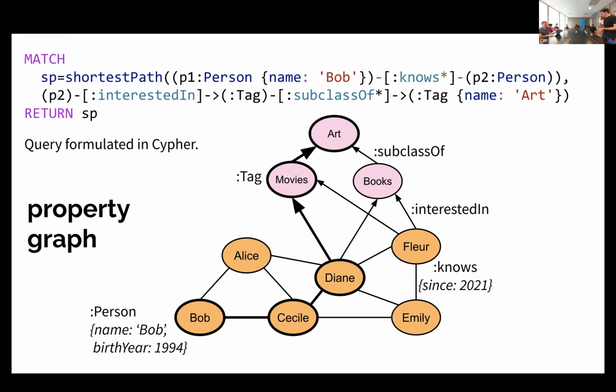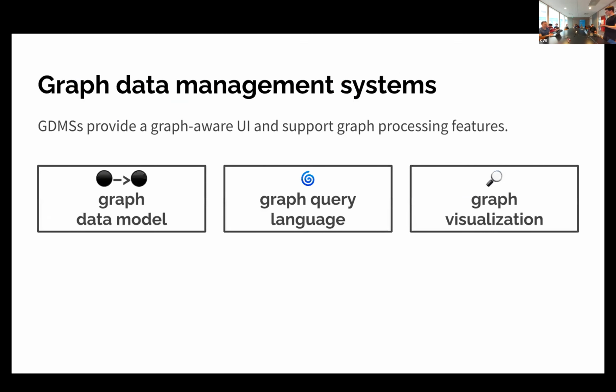I think this example demonstrates the three key tenets of graph data management systems: some graph data model where we can reason about our data in terms of nodes and edges, some graph query language which allows a concise way to formulate pattern matching problems and pathfinding problems, and visualization that allows us to see what we are actually querying and what we are getting back from the system.